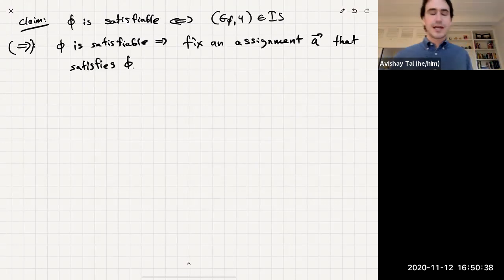There's some assignment to the input variables so that every clause in phi is satisfied. So this A is some vector in {0,1}^n.